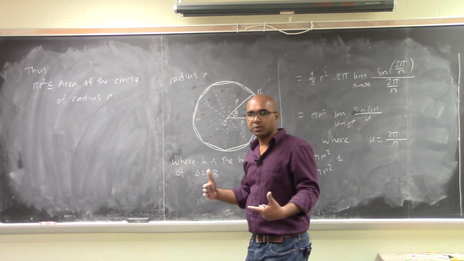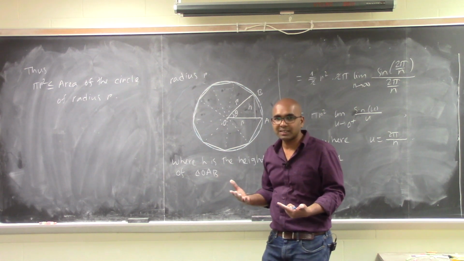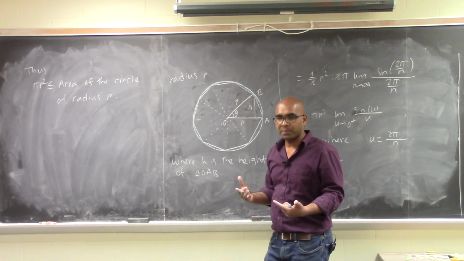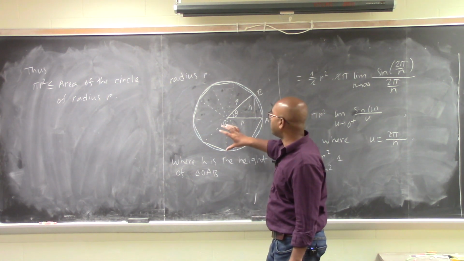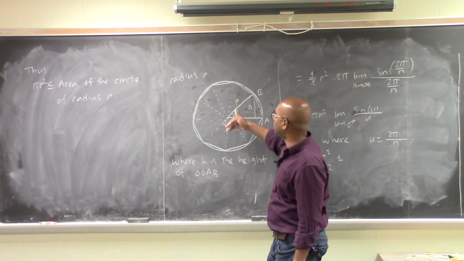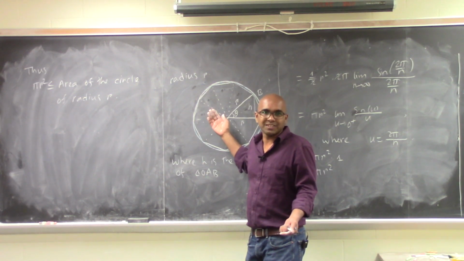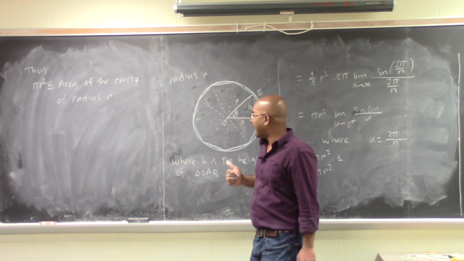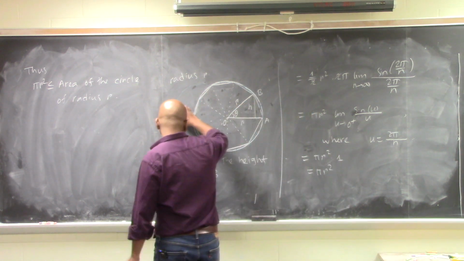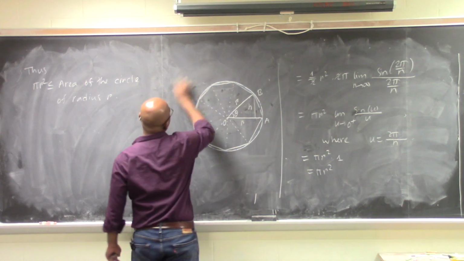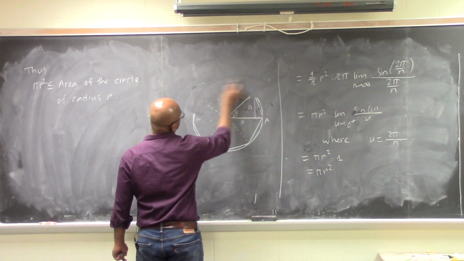So what else can we do? Or what else actually did Archimedes think? Archimedes thought a really nice thing. He thought, okay, now at this moment, instead of taking inscribed polygons, let's take circumscribed polygons. And that will actually give you the other inequality, and then you'll be done. All right, so now, I have to erase this picture anyway.